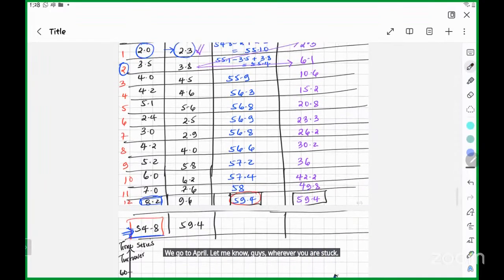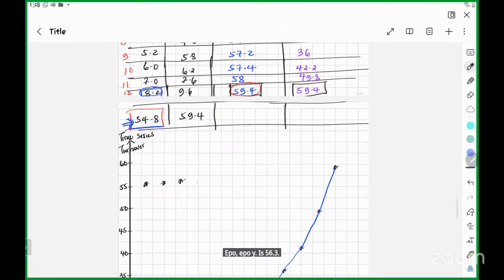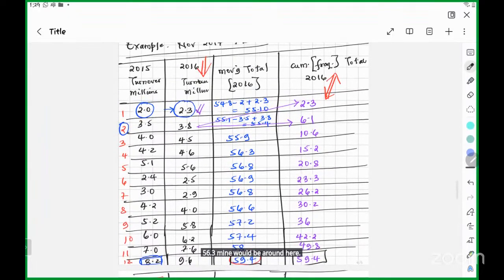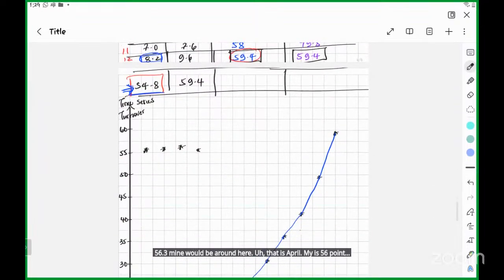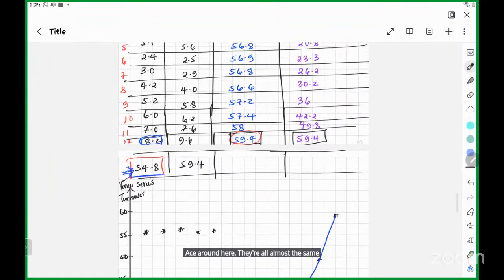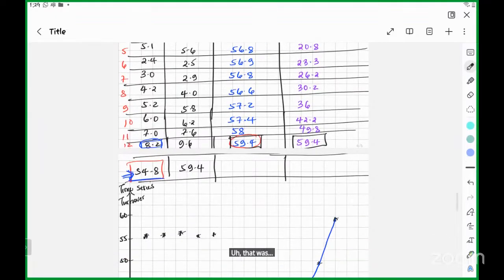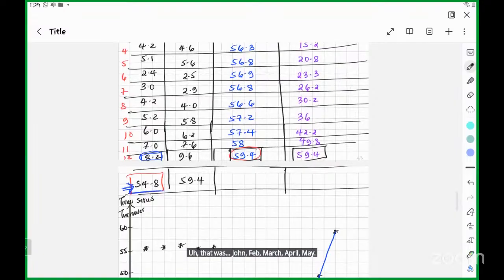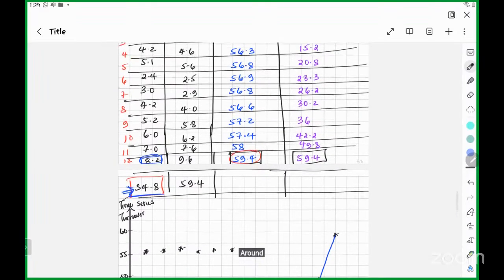April is 56.3. 56.3, mine would be around here. That is April. May is 56.8, around here. They're all almost the same, but there are little changes.